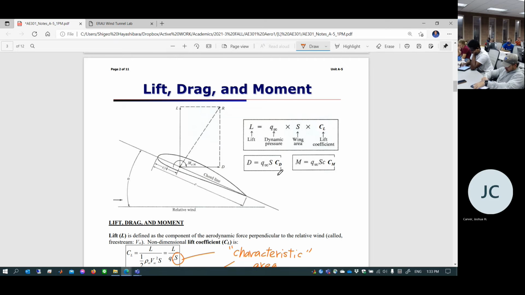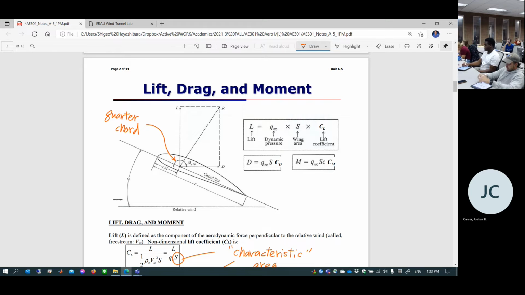What's this location, by the way? Quarter chord, this is c/4. This is typically called the quarter chord location. Quarter chord is a common choice for aero. We're going to find out why later. Very common choice.